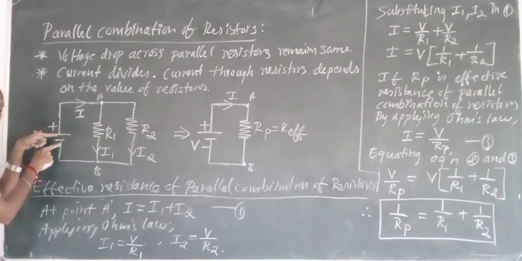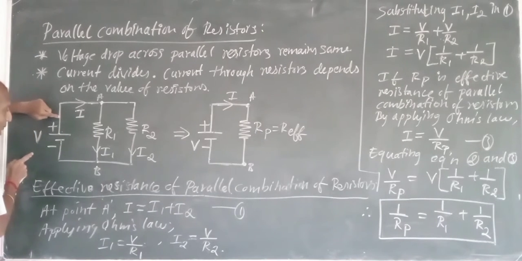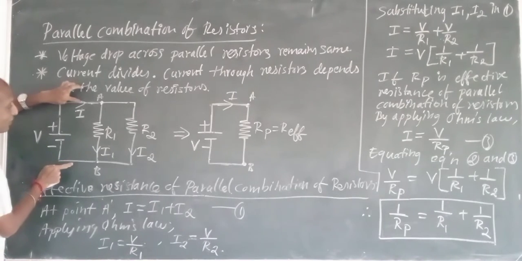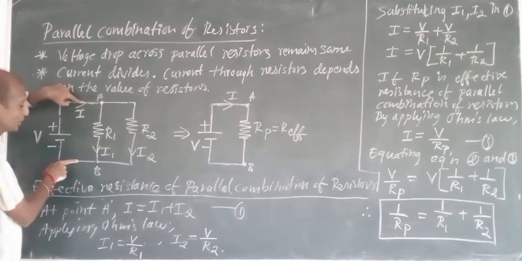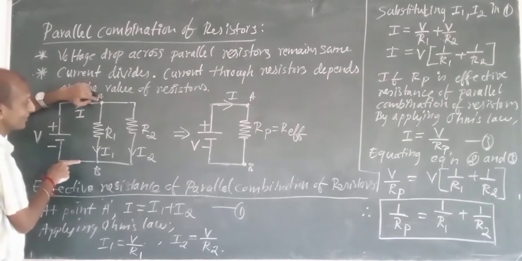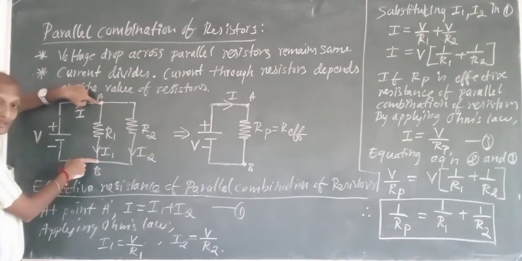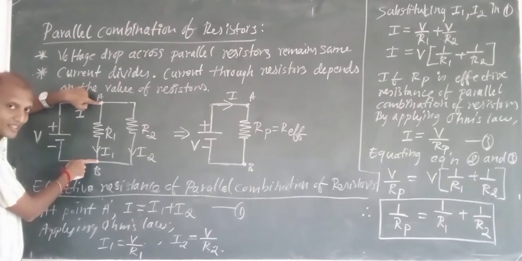What is the potential difference at these two points? It is V volts. When I go to this point and this point, again it is V volts of voltage difference, isn't it? Here and here it is again V volts of potential difference. If I go to points A and B, again V volts of voltage drop. Correct or not?